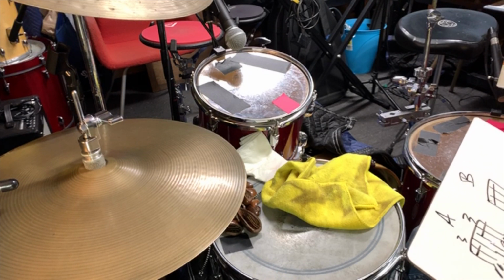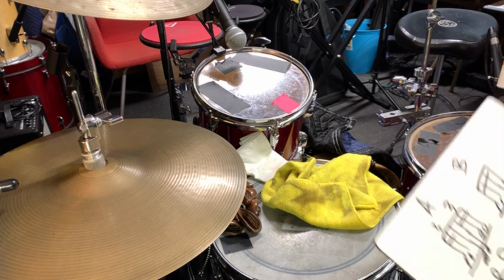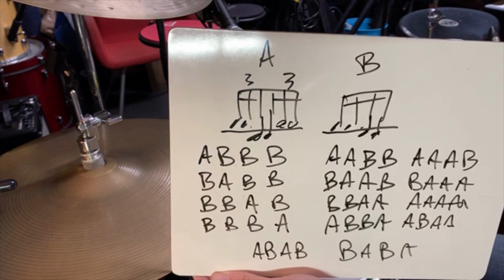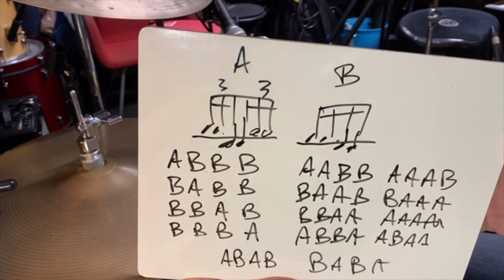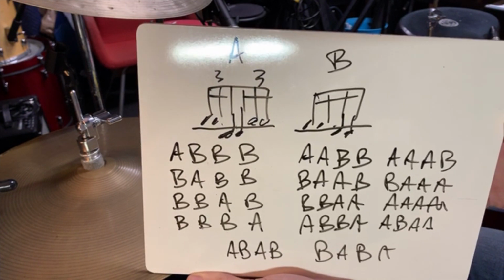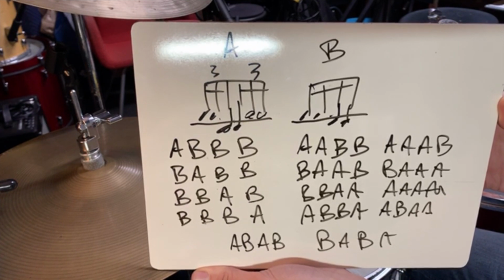Sorry, bad handwriting. So that looks like this. Everybody see that okay? Maybe you want to screenshot that. So we've got right, left, kick, kick, right, left for our triplets, and then right, left, kick, kick for our 16th notes.